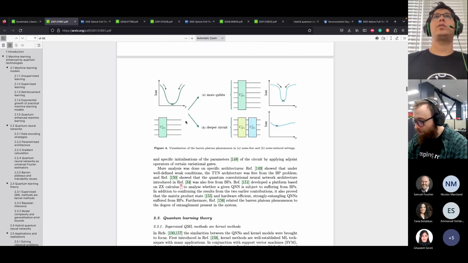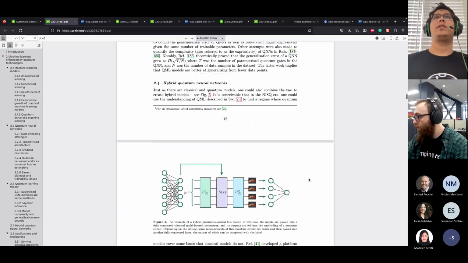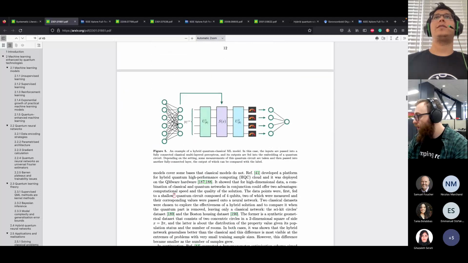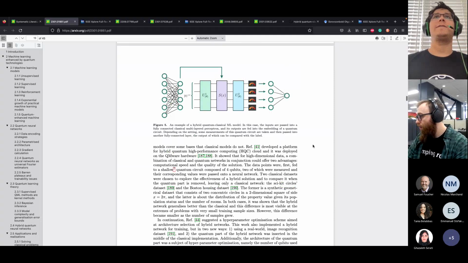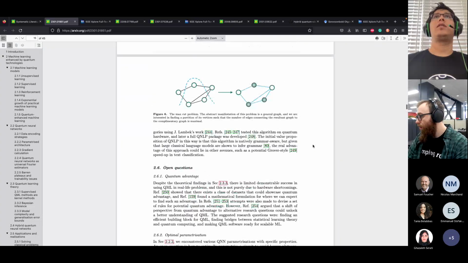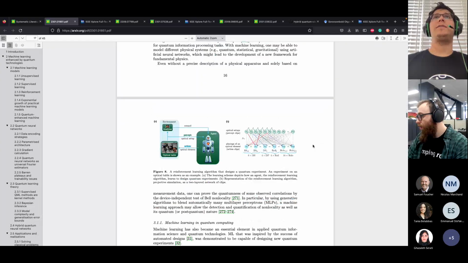Yeah, basically you have circuits. You have to put in a loss function that will behave well. Here you have again a classical neural net working around the quantum circuit, and then you put another neural net on top of that. So again, this is basically the idea.